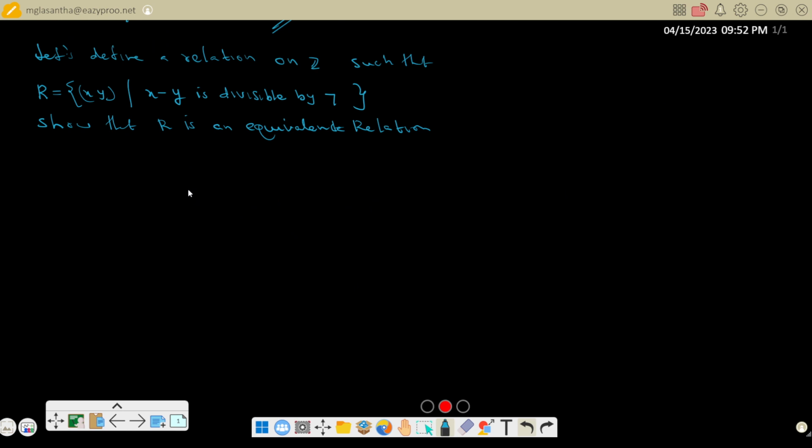How do you show this equivalence relation? If it is an equivalence relation, you have to show three properties.